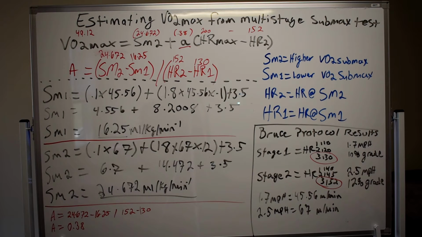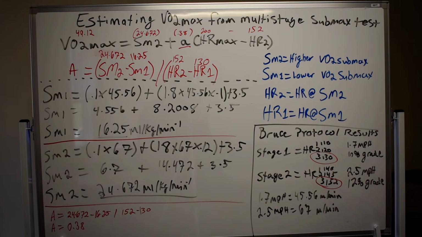Then plus the 3.5, that's our resting. What I have written out here is this portion completed, this portion completed, and the 3.5. So this is 1.8 times 45.56, the speed of stage 1 in meters per minute.